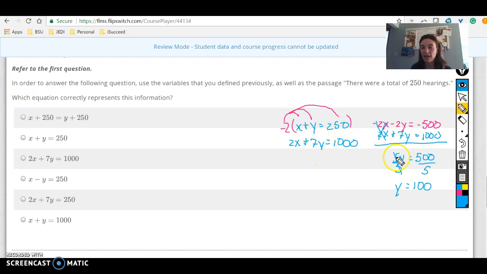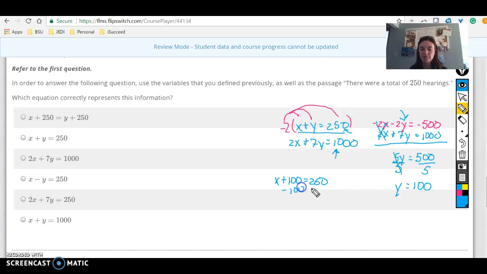Now I can go back. Remember, I can substitute y equals 100 into this equation, or this equation, and they should all give me the same answer. This one is really easy, so I'm going to substitute it there. I'm going to say x plus 100 equals 250.